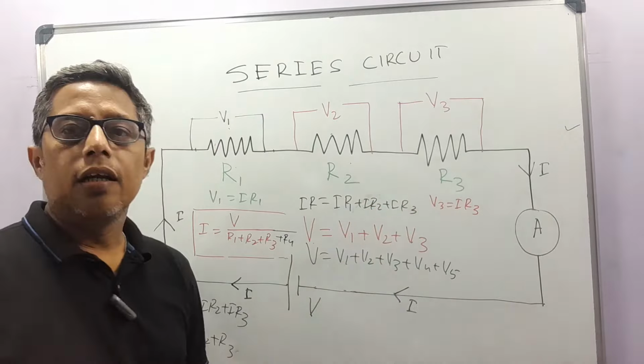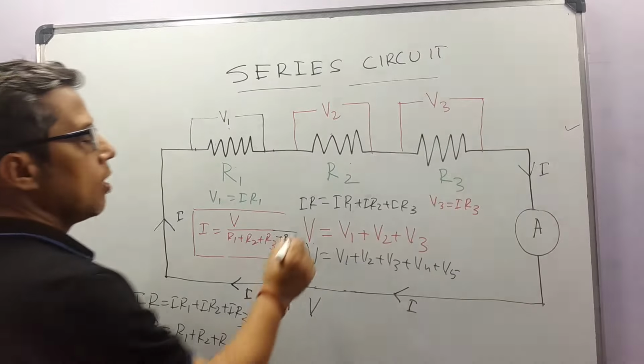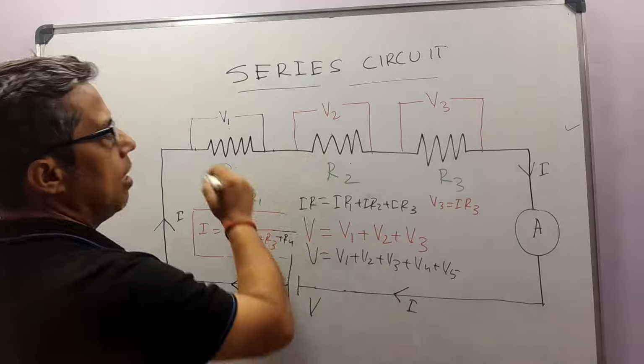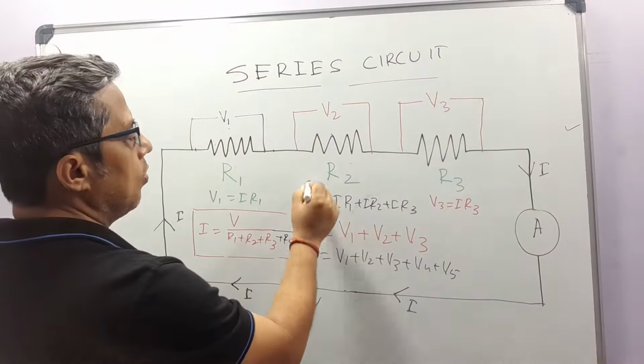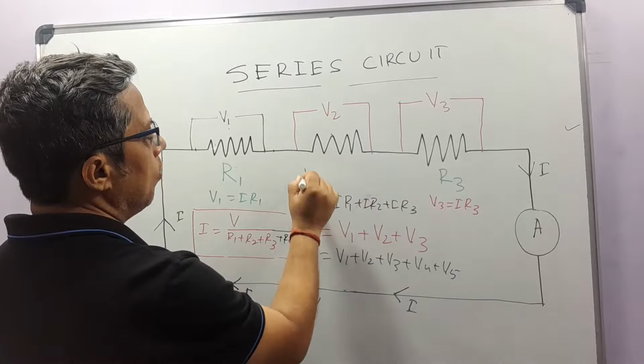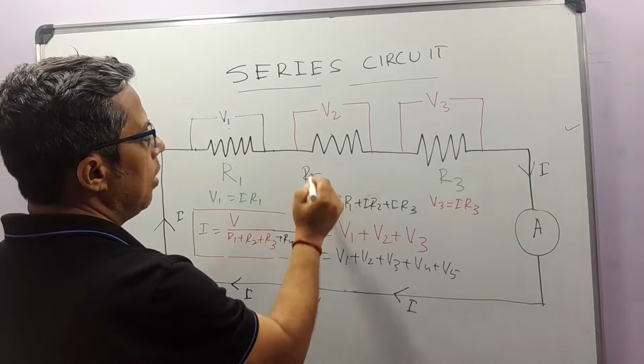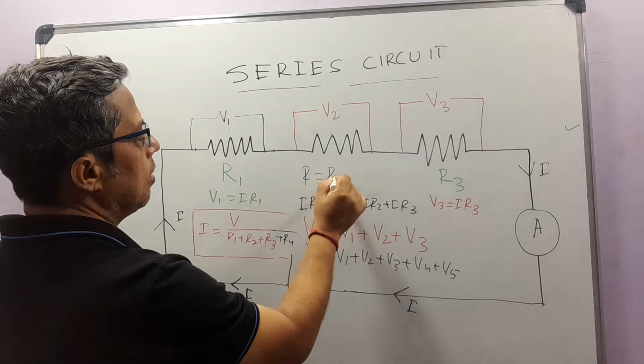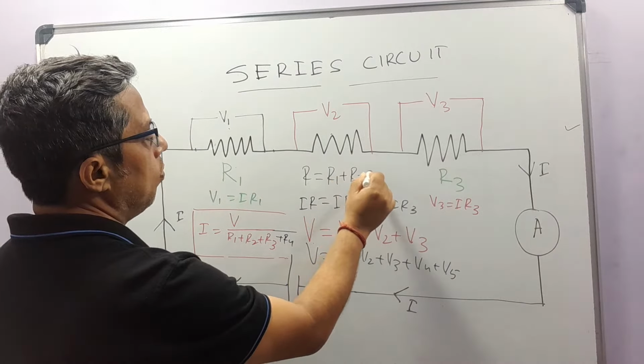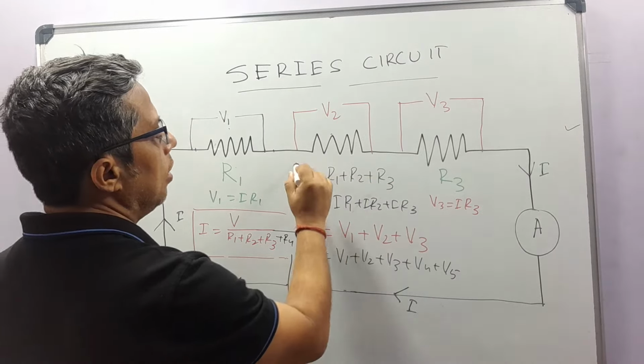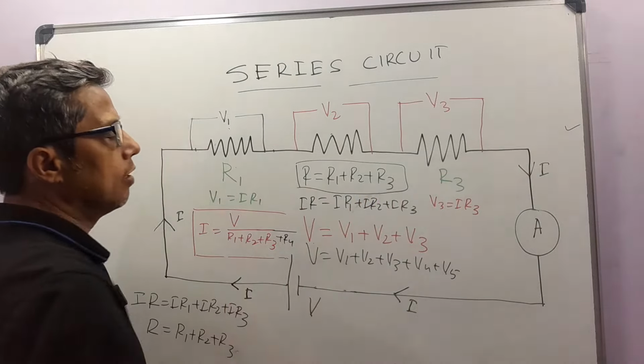The current is common here; the current will be the same in a series circuit. So we get the net equivalent resistance of the series circuit as R1 plus R2 plus R3. This is the formula for series.